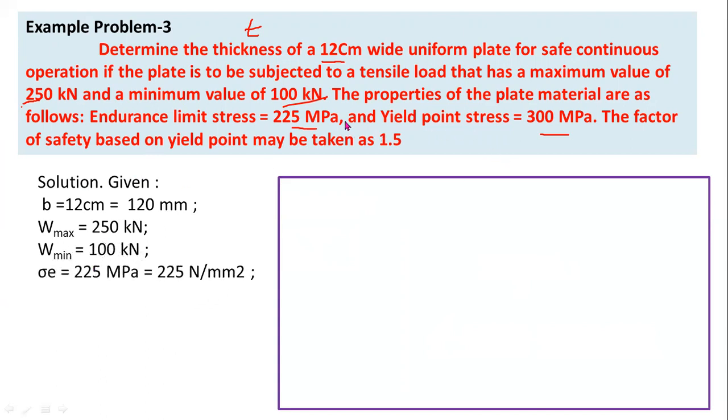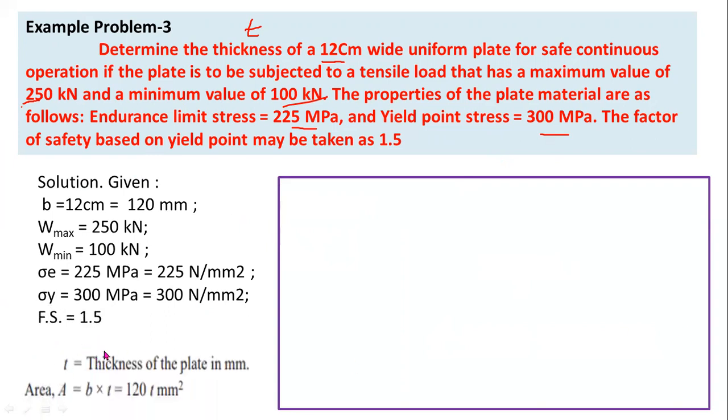Endurance stress equal to 225, and yield stress sigma Y equal to 300 megapascal. Fs, factor of safety, equal to 1.5. Here T is the thickness of a rectangular plate.